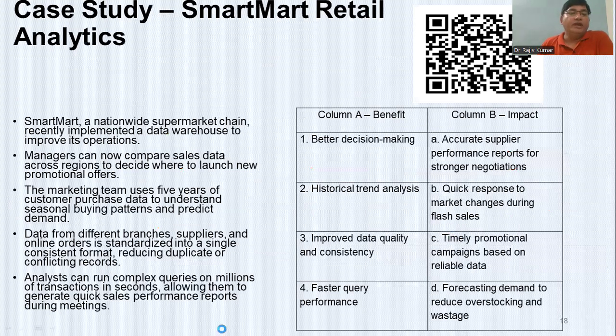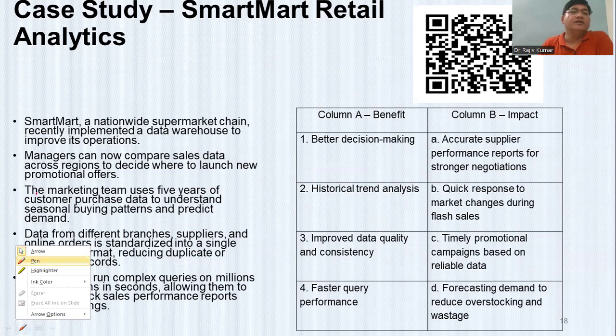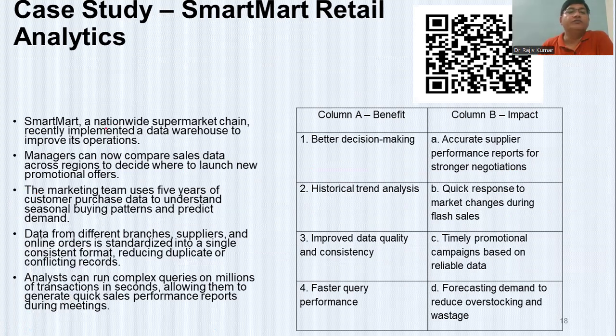Now there is one more case-based question. A-Mart, a nationwide supermarket chain, recently implemented a data warehouse to improve its operations. Managers can compare sales data across regions to decide where to launch a new promotional offer.